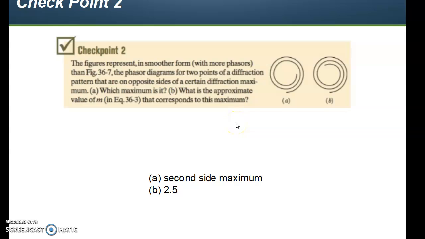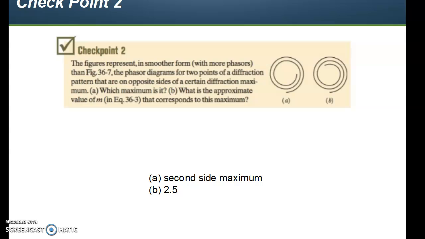Okay, let's check point number 2 here. This figure represents, in a smoother form with more phasors, the phasor diagram of 2 points of a diffraction pattern that are on opposite sides of a certain diffraction maximum. Which maximum is it?